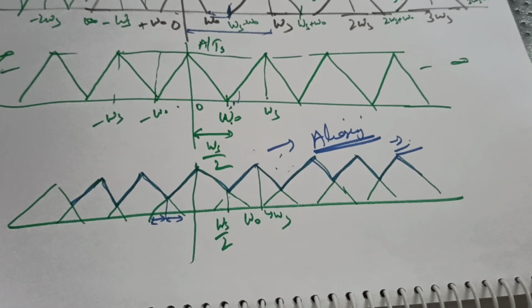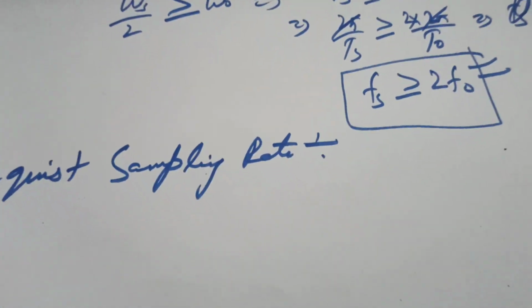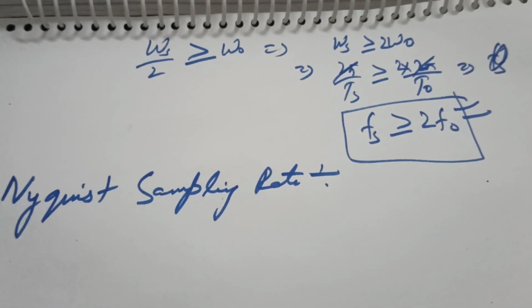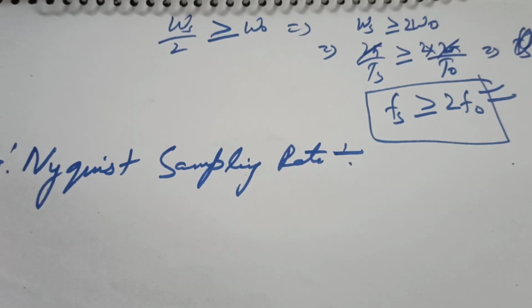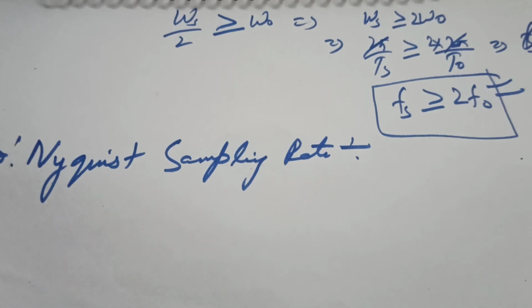Before going on with that, I would like to conclude what we learned from the last lecture. We came across the Nyquist sampling, how the sampling is carried out, and what the prerequisites are.